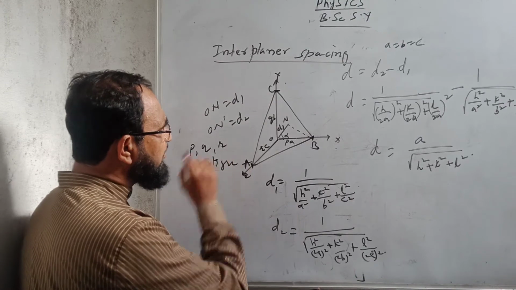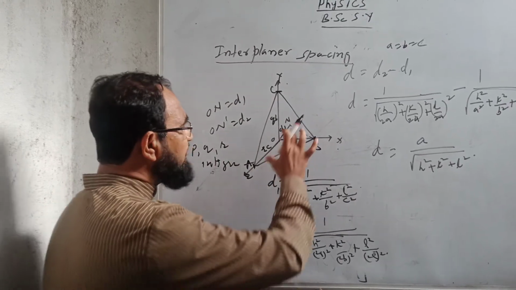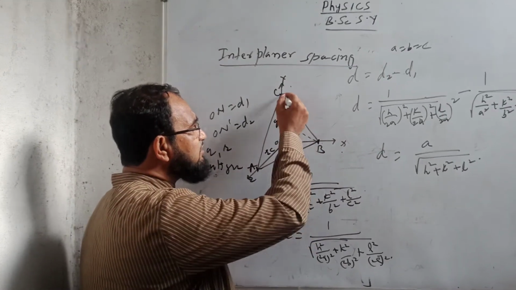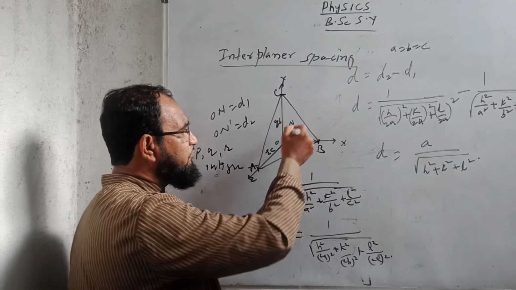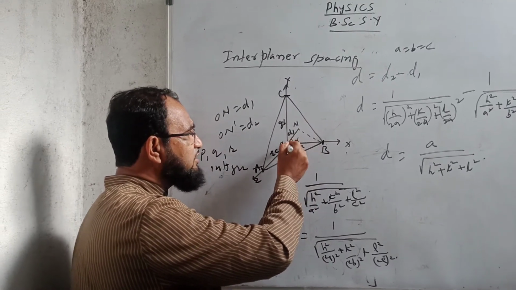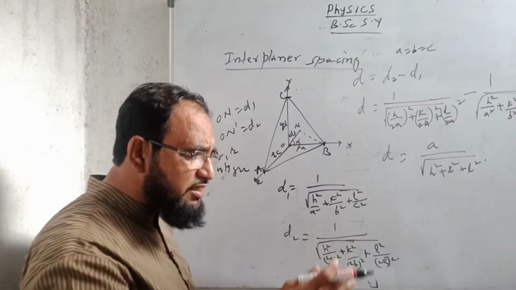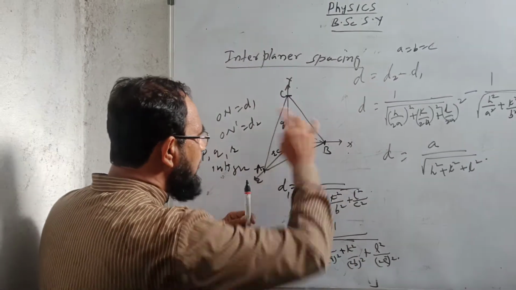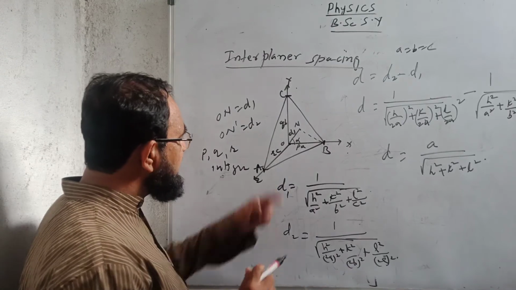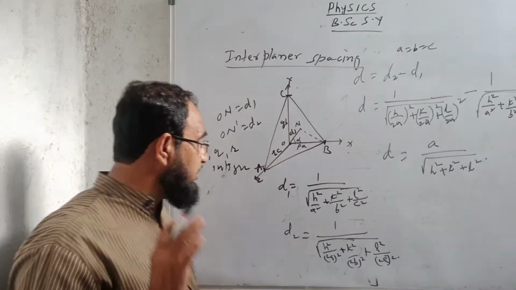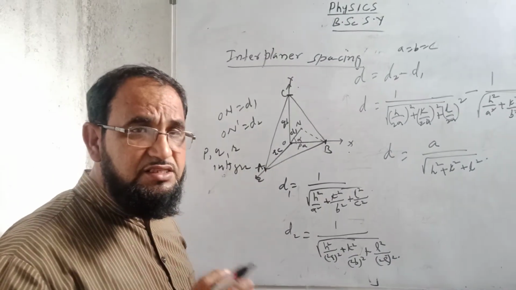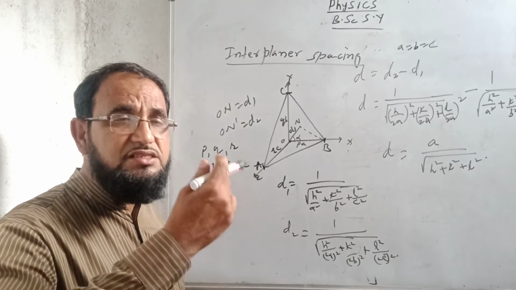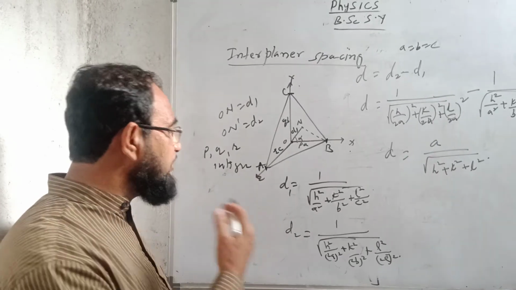Now I will find the distance of this plane from the origin, that is ON. ON is the distance from the origin to that plane, and suppose this distance is d1. This is called the distance of the first plane from the origin.